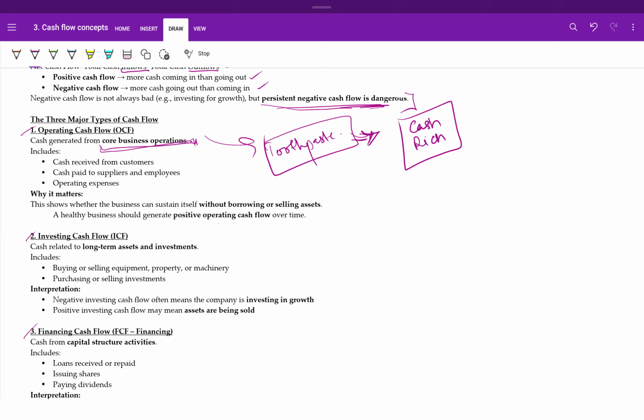Now you are going to invest this cash in different companies, or in different companies' equity, let's say, or you are going to use this cash to buy companies, let's say you are buying a steel company.